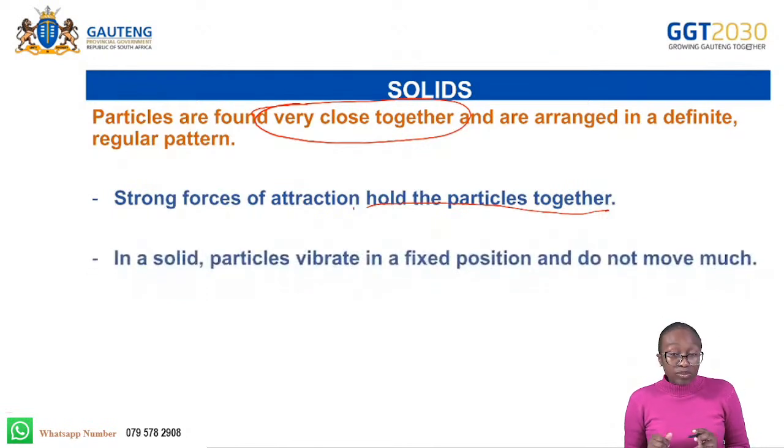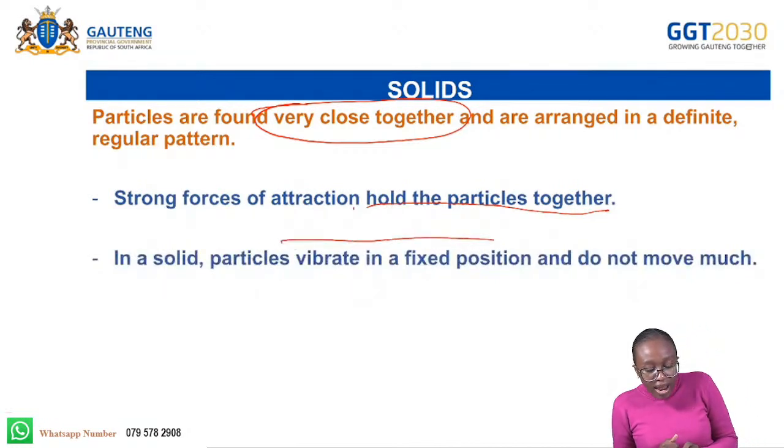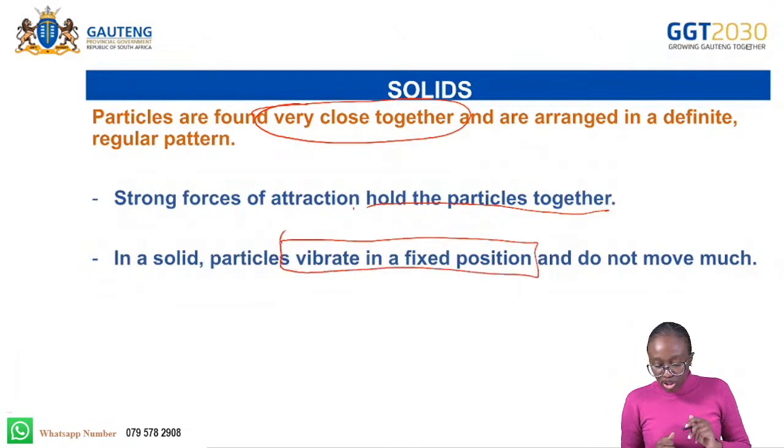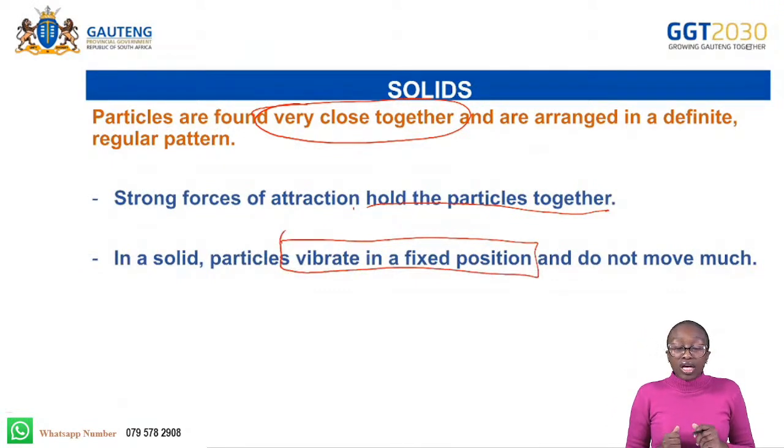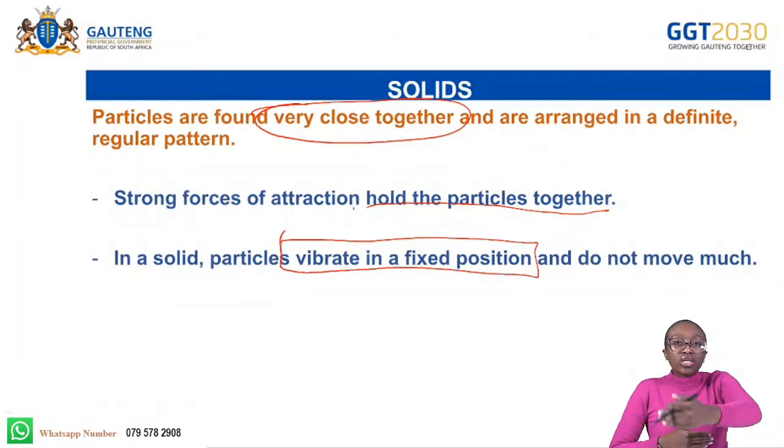So in solid particles, there is movement. Remember, the particle model of matter also describes that the particles are in constant random motion. In a solid, the particles vibrate in a fixed position and do not move much. Take for instance, if I am a particle within a solid, I'm not going to be moving from one point to the next.